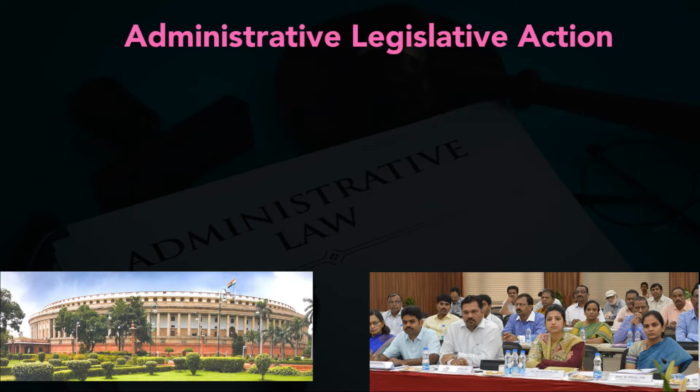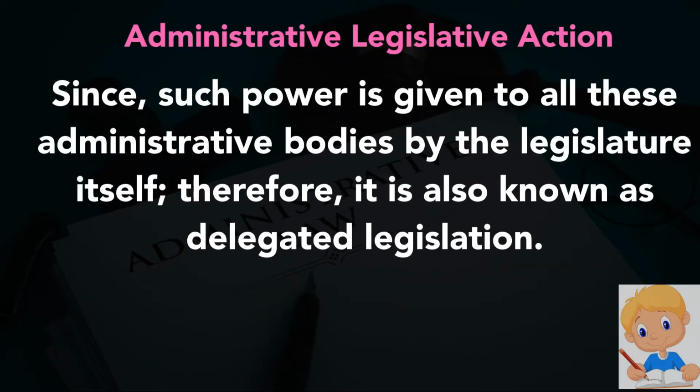Since such power is given to all the administrative bodies by the legislature itself, it is also known as delegated legislation or subordinate legislation. However, here I would also like to utter one of the explanations given in your book.